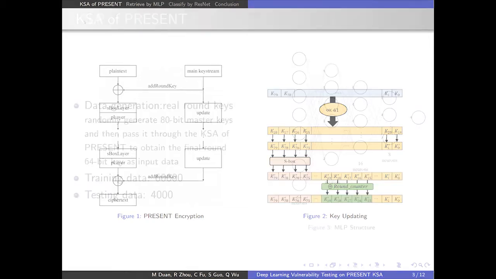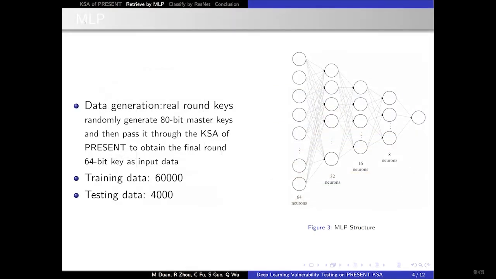In our first experiment, to retrieve the 80-bit master key from the 64-bit last round key, we try to fit the KSA and choose a basic neural network, the multi-layer perceptron. We feed the network the real 64-bit round key and want it to retrieve the master key bit by bit.